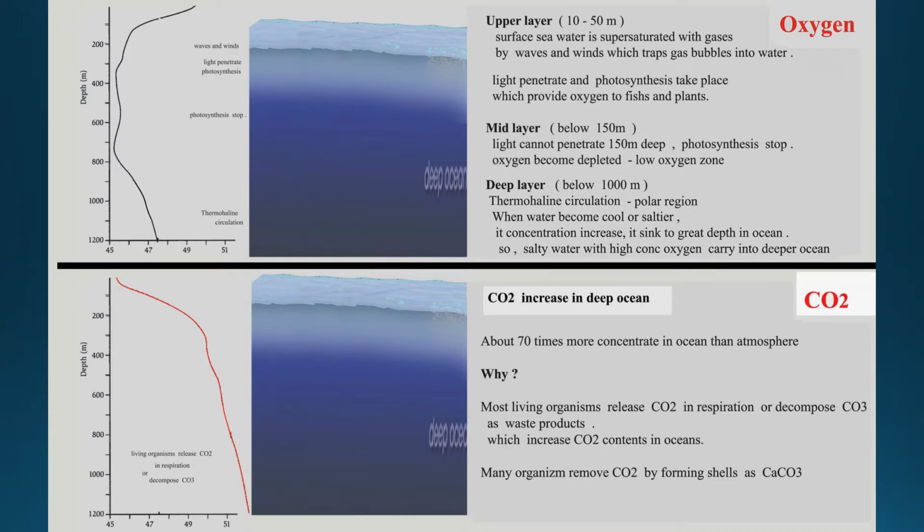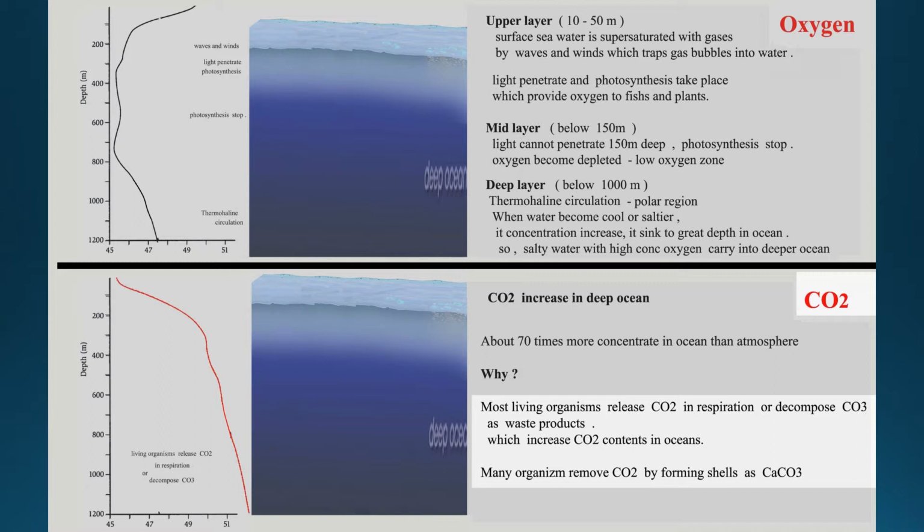Now we look onto carbon dioxide. Carbon dioxide has a very opposite relationship with oxygen. Carbon dioxide increases in the deep ocean, and is actually 70 times more concentrated in the ocean than in the atmosphere. All the carbon dioxide is quite soluble. Why? Because most living organisms are made on a carbon backbone.